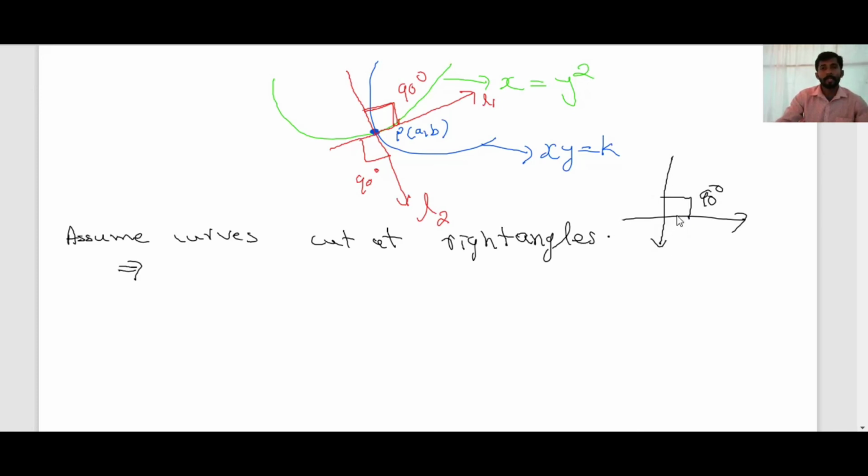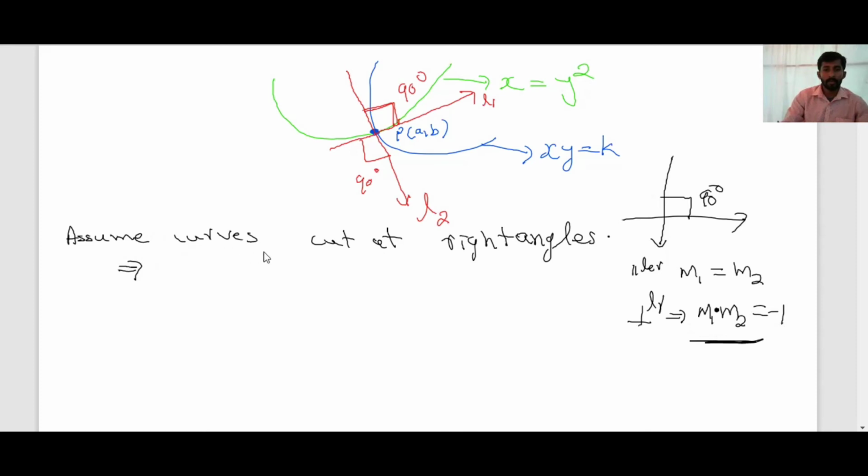In your first year straight line chapter you studied, right? Two lines are parallel, that implies m1 equal to m2, slope of the first line equal to slope of the second line. Two lines are perpendicular, that implies m1 into m2 equal to -1, the product of their slopes equal to -1. This is a condition. Whenever two lines are perpendicular to each other, the product of their slopes equals -1.